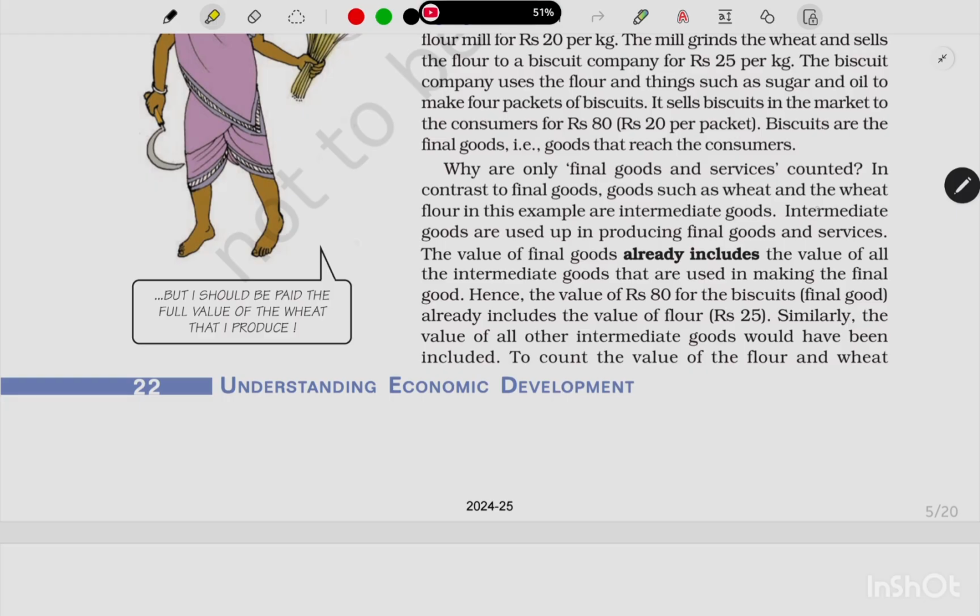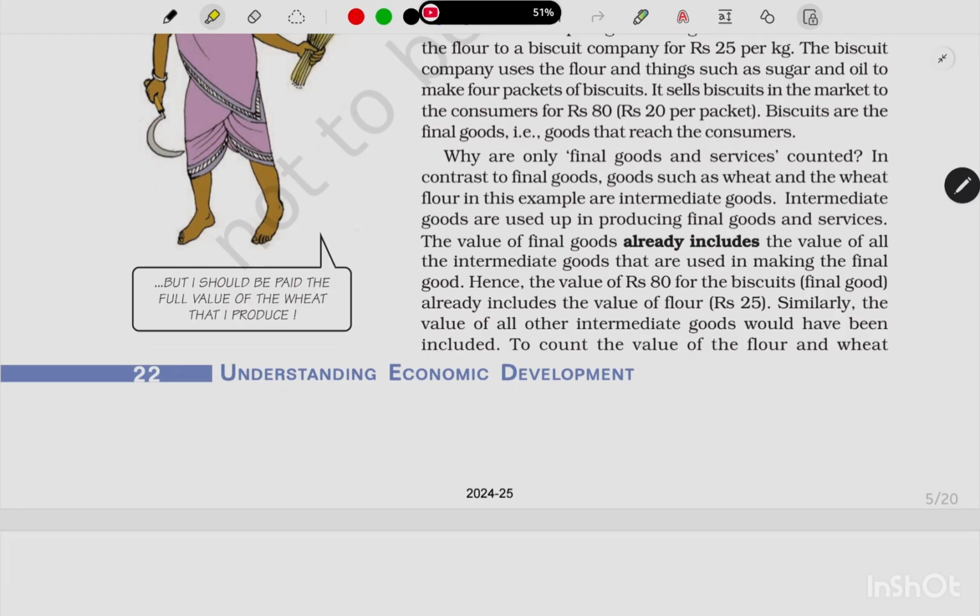The value of final goods already includes the value of all the intermediate goods that are used in making the final good. Hence, the value of rupees 80 for the biscuit, the final good, already includes the value of the flour, 25 rupees. Similarly, the value of all other intermediary goods would have been included.